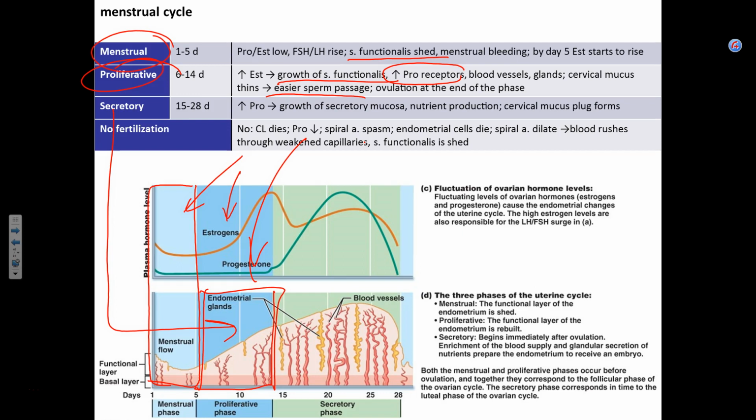After the ovulation, we have the so-called secretory stage. Look at the levels of hormones. Estrogen is a little bit in decline, while progesterone rises dramatically. Can you see that green rise of progesterone?